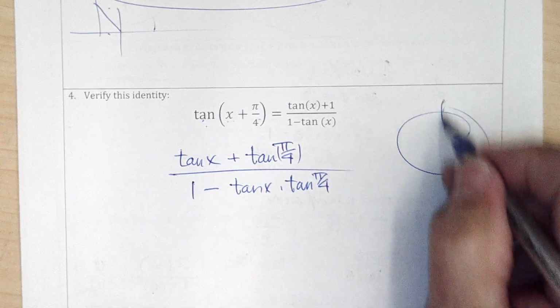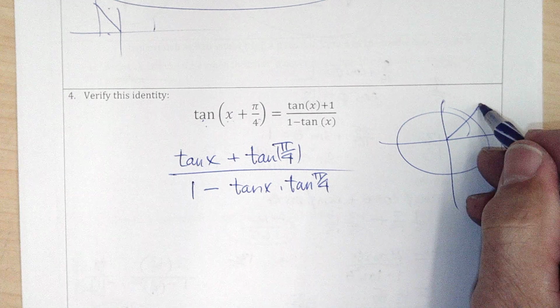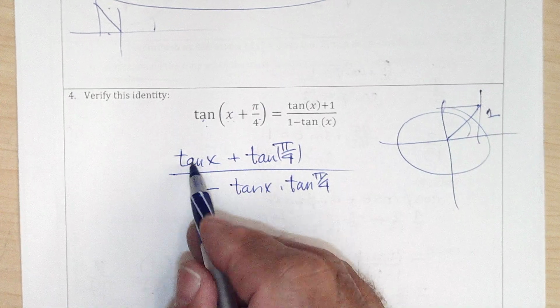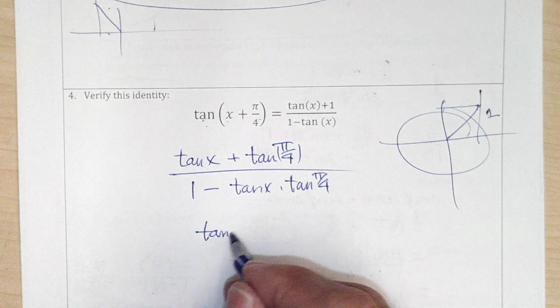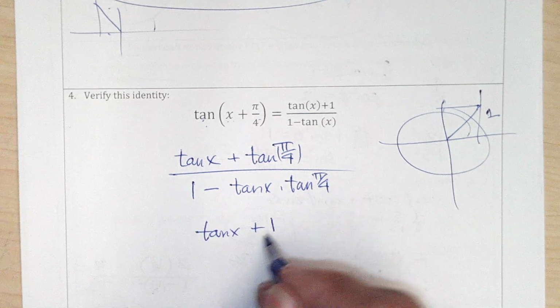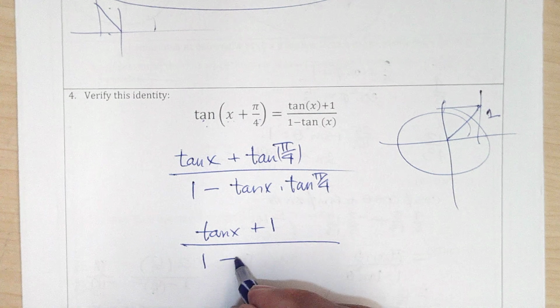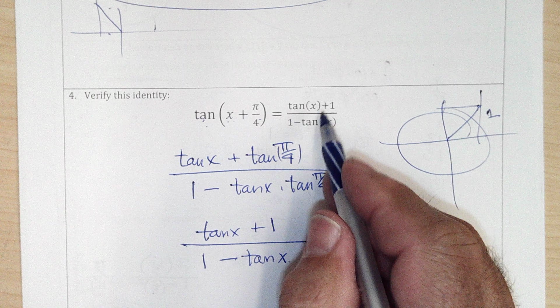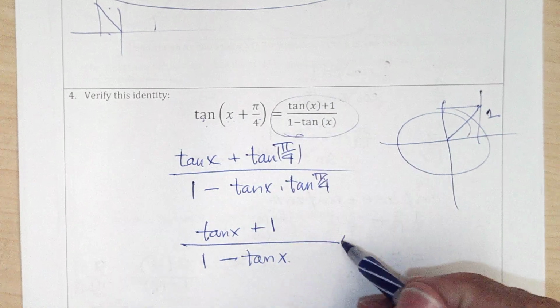And at pi over 4, the tangent is 1. So we get tangent x plus 1 over 1 minus tangent x times 1, and that looks like that. So we're done.